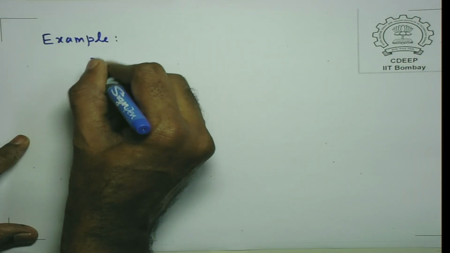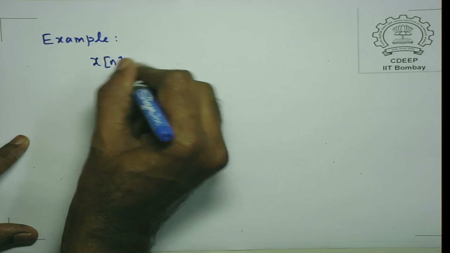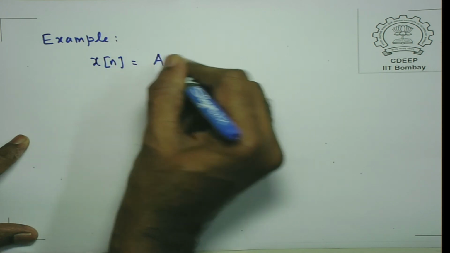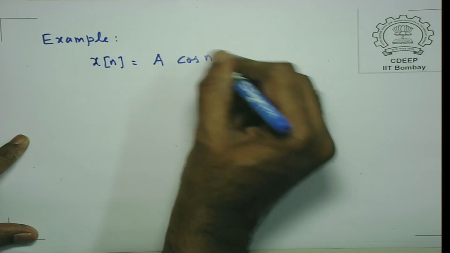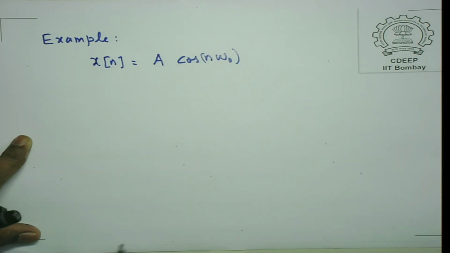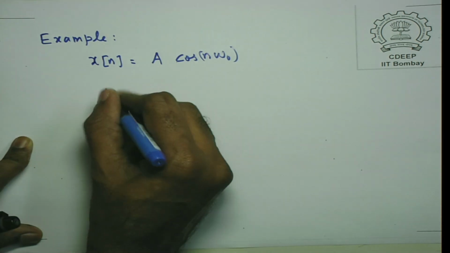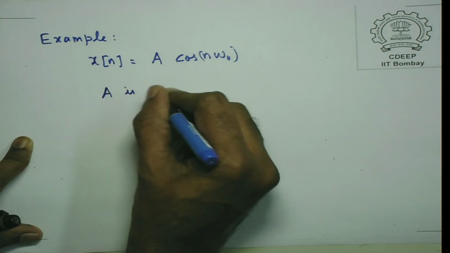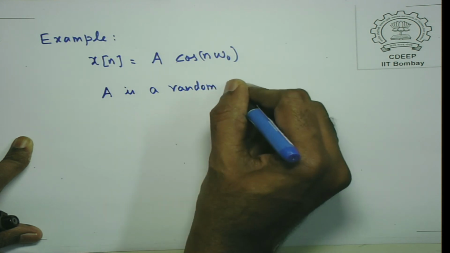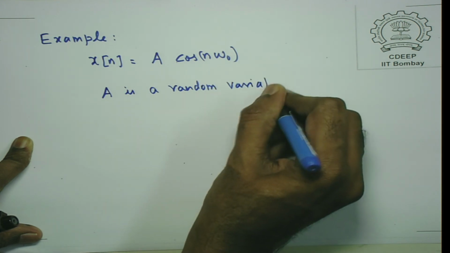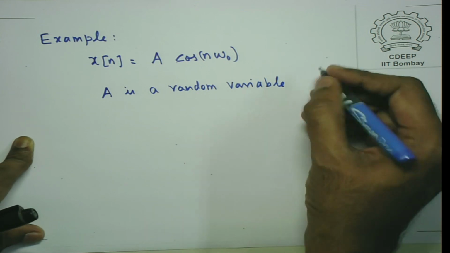So let's just consider a signal x of n. This is just a sinusoidal signal, where A is a random variable.